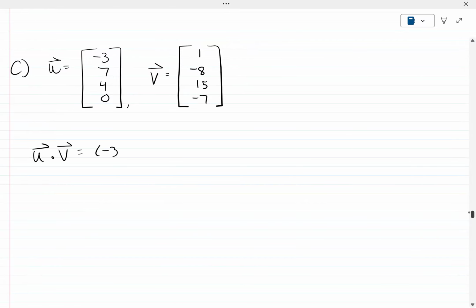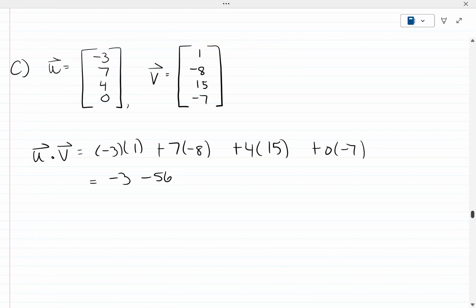So it's -3 times 1 plus 7 times -8, which gives you -3 minus 56 plus 60 plus 0. That gives you 1, which does not equal 0, so it's not orthogonal.